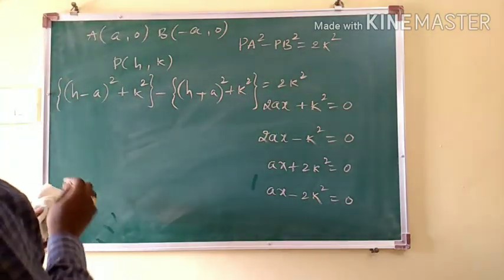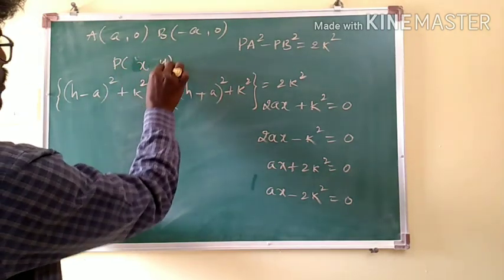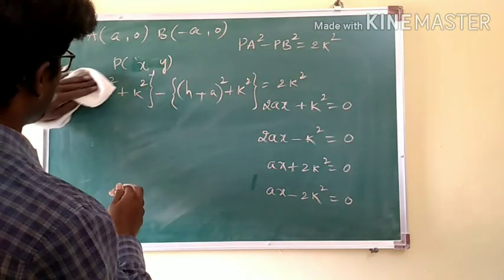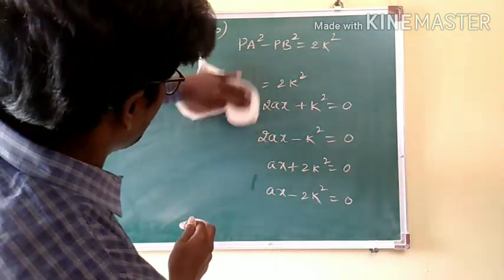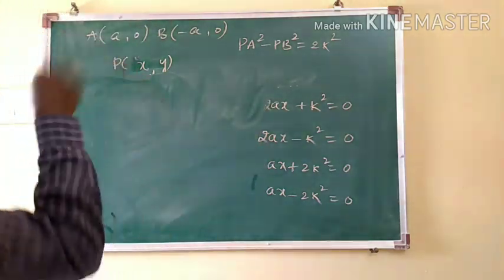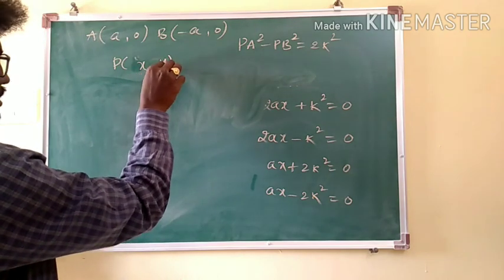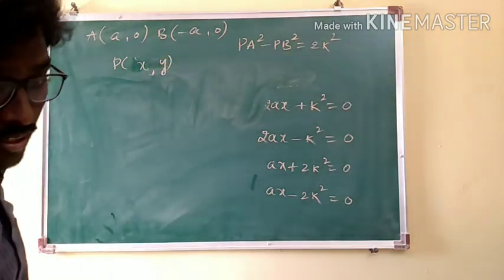Let's do one thing. Here we'll take x comma y itself, because already in the problem k is there, so that we may come across confusion. This is another important area we have to notice. Already in the problem 2k square is involved, so I am taking the locus as x comma y. Otherwise x1 y1 you can take.